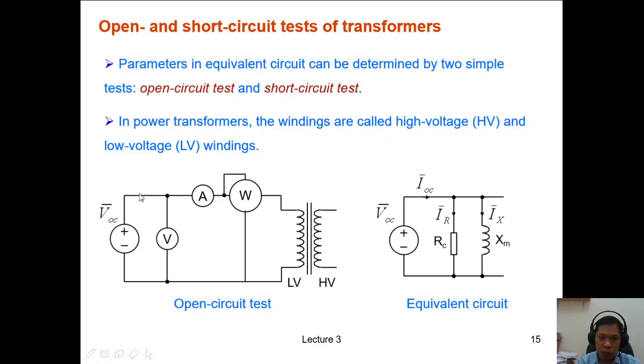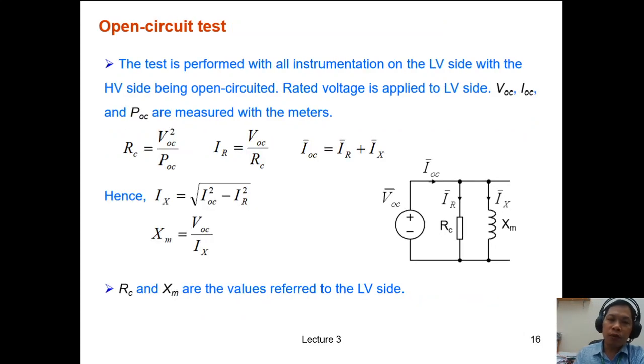So we put full voltage on the lower voltage side, and we measure the real power in watts, the RMS current, and the RMS voltage. We will have this equivalent circuit. We open circuit the second coil, so we only have those. You need to perform 4 steps to calculate RC and XM here.